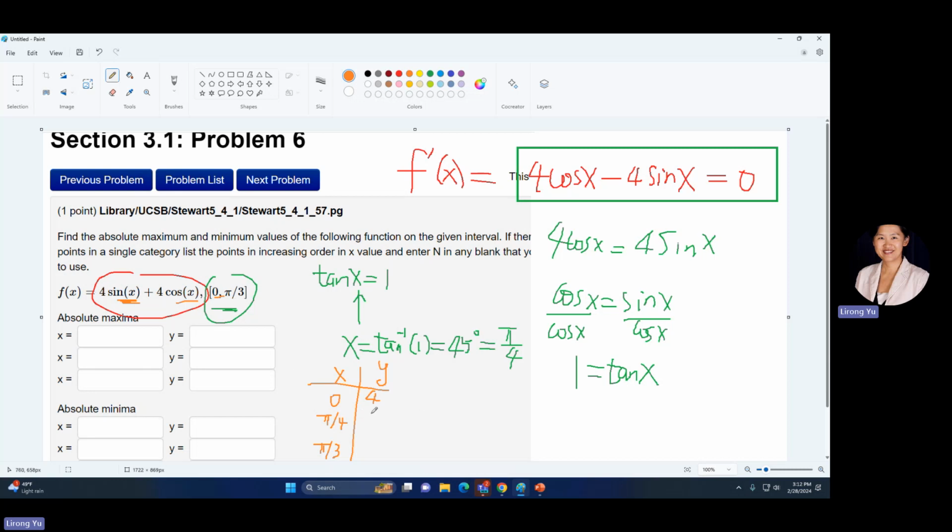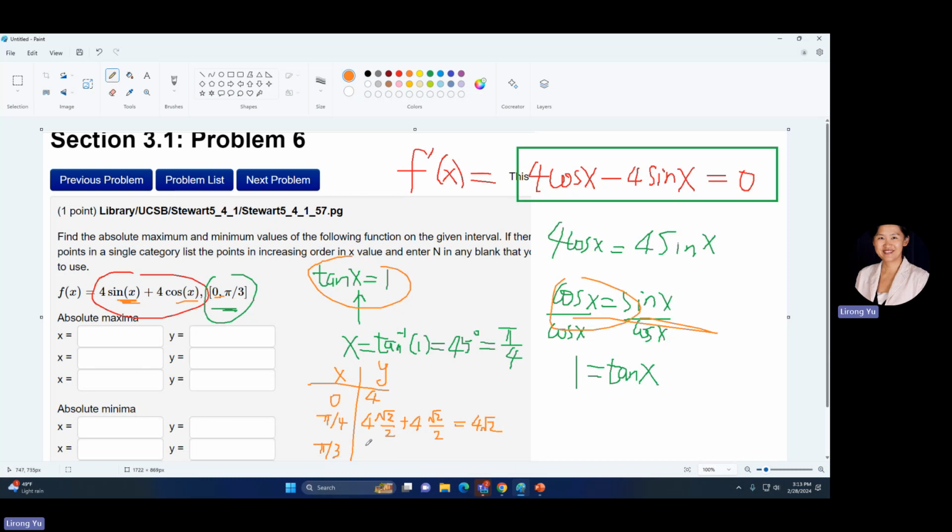So 4 times root 2 over 2 plus 4 times cosine pi over 4, which is also root 2 over 2, because when tangent equals 1, cosine equals sine, and that is our equation. Altogether, that makes it 4 root 2, which obviously is bigger than 4.